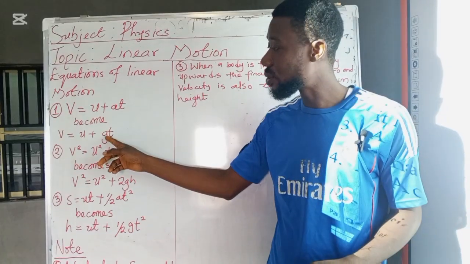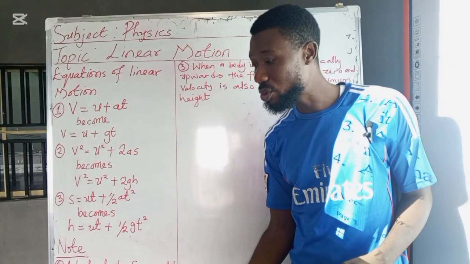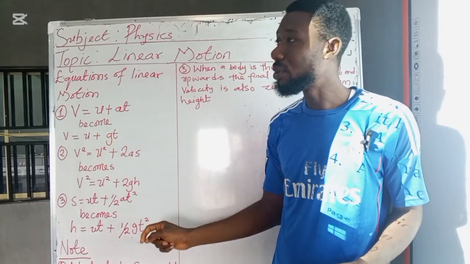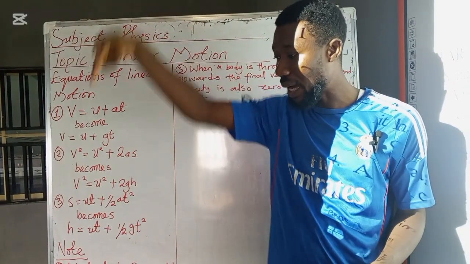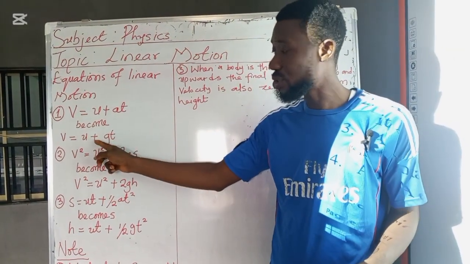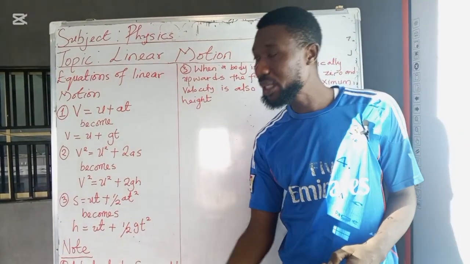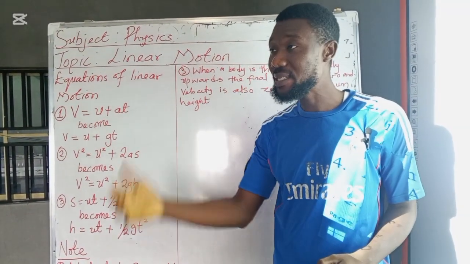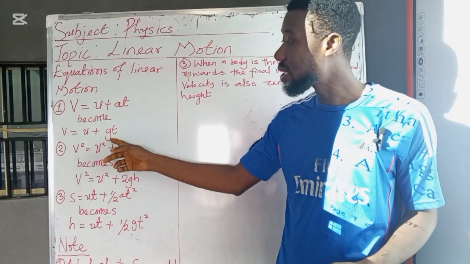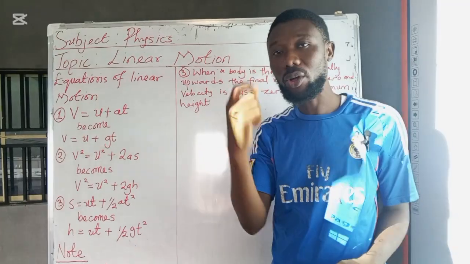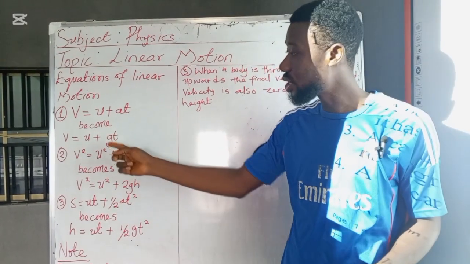That's where you have the g. Now, if a body is going upward, the g becomes negative. But if a body is coming down, the g is positive. Why is it negative? Because when a body is going up, it is going against gravity. But when a body is coming down, it's obeying the laws of gravity, so the g is positive.